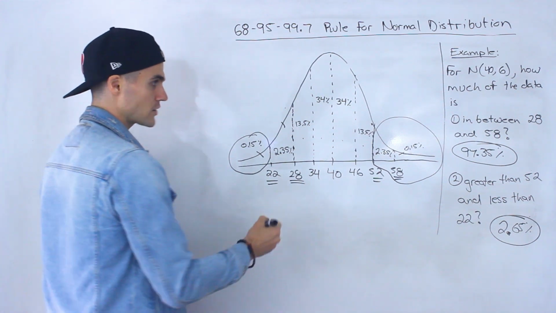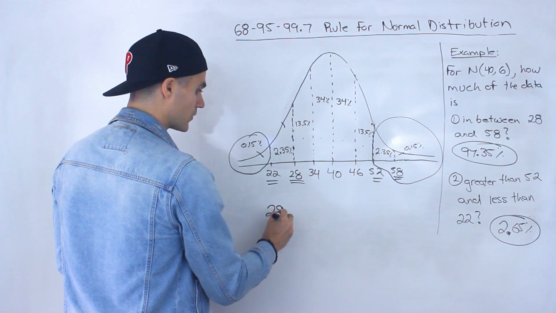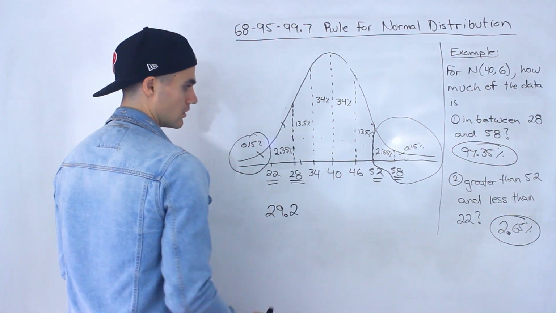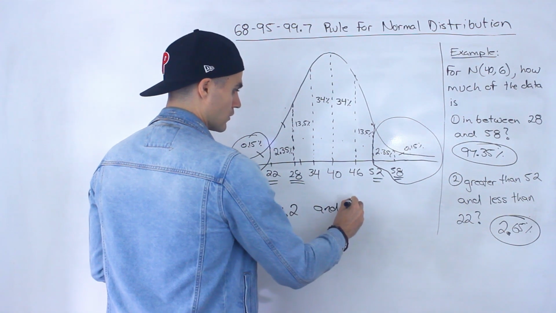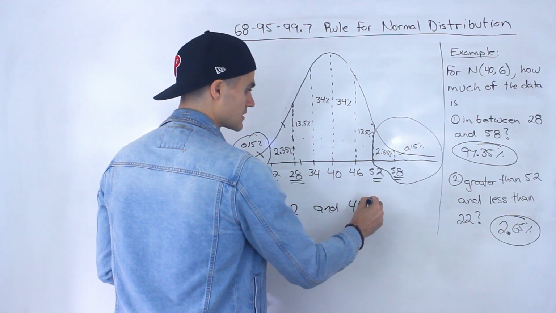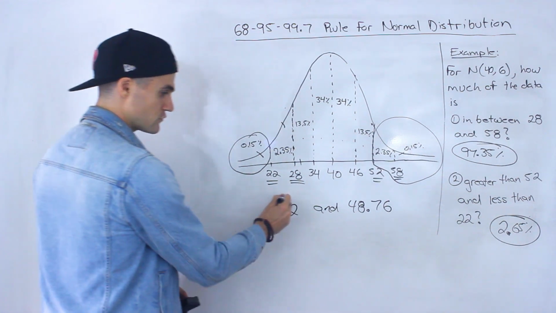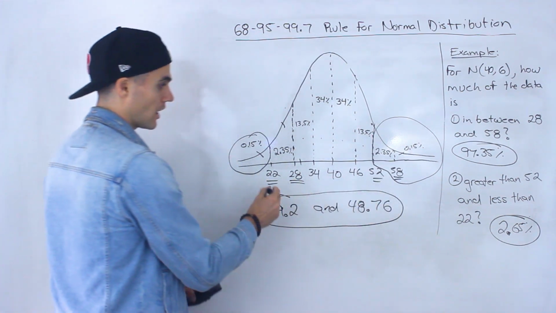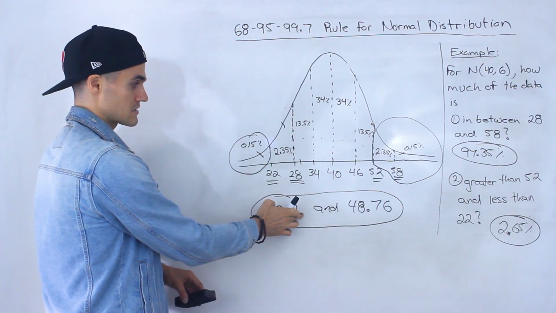But what if I ask you a question, what proportion of the data is in between 29.2, which would be like there, and let's say 48.76? Okay, how would you figure that out? And not just approximate it, but get an exact value for this, right?